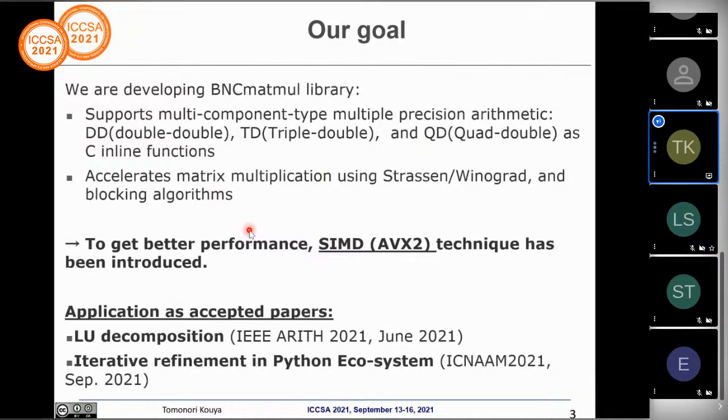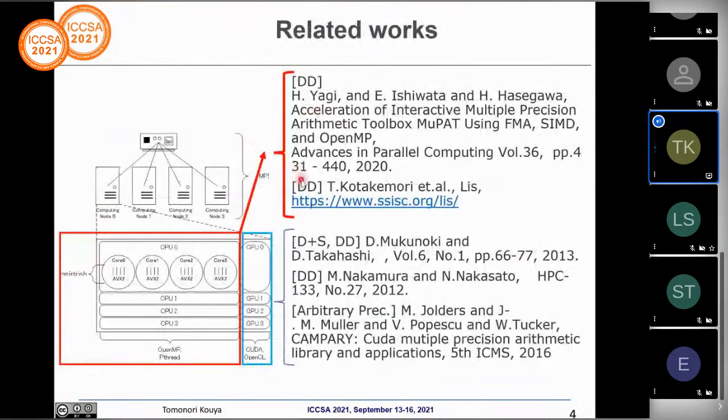We want to get more performance, so we introduce AVX2 techniques as SIMD instructions, so we can accelerate our BNC library. Our acceleration techniques are based on the works of Hasegawa, Kotakemori, Nishida, Fujii, and Hishinuma. Their techniques can be found in this library.